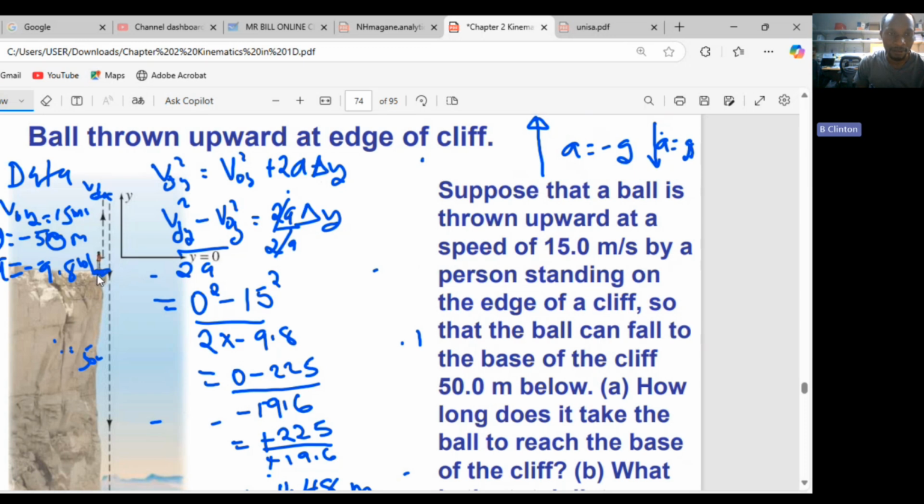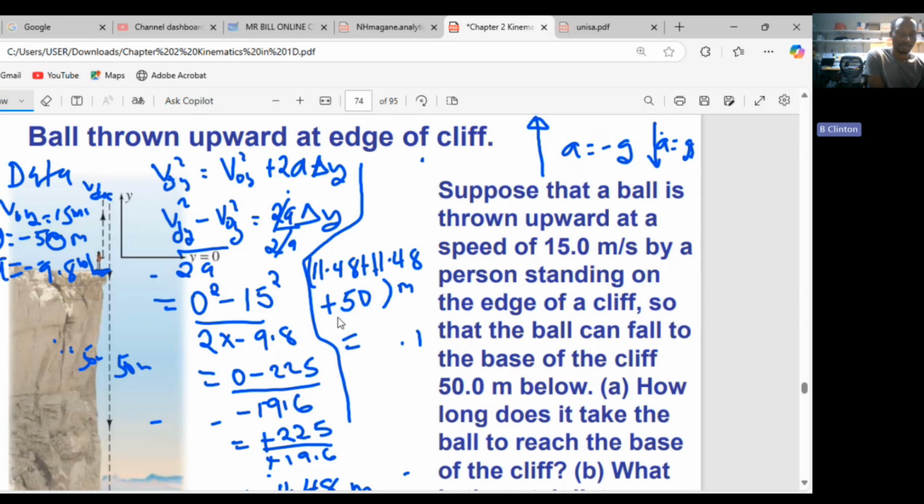And from the top of the cliff downward, we've been told it is 50 meters. Then we can say that the total distance traveled by the ball will be 11.48 plus 11.48 plus 50, everything in meters.